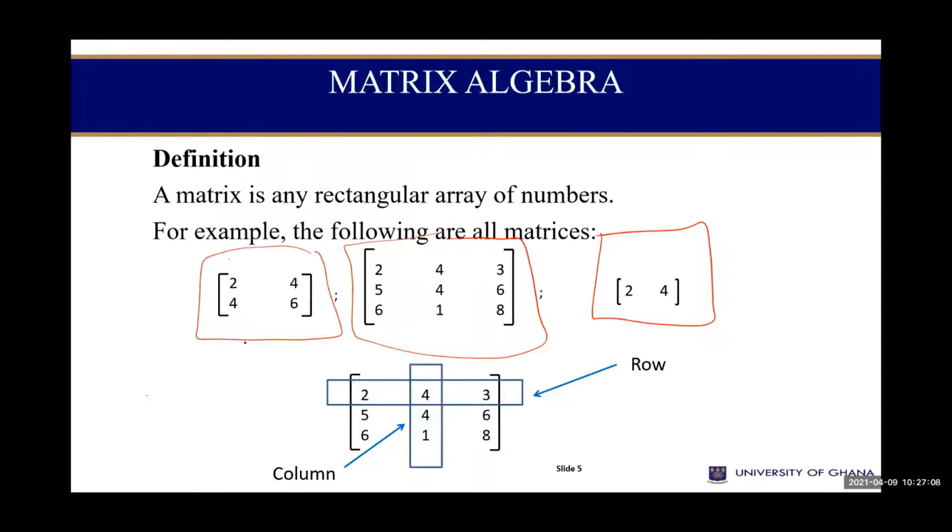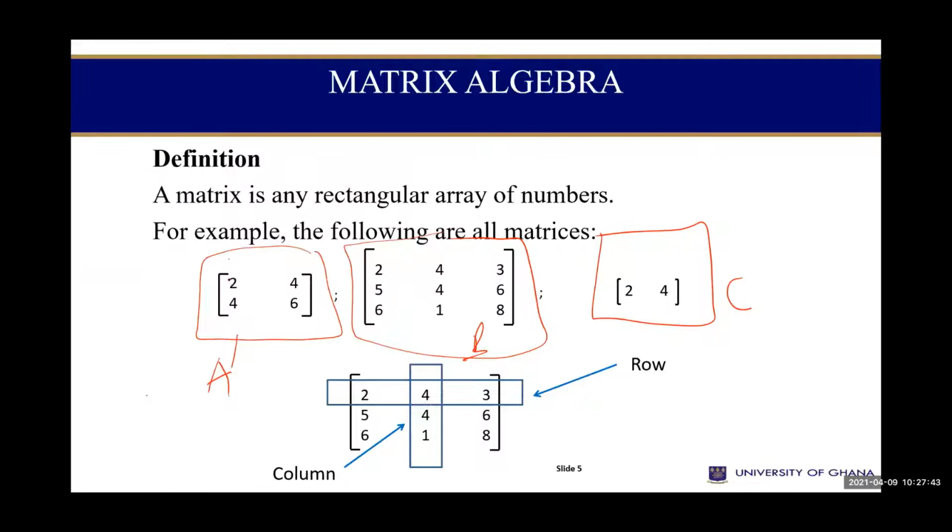So let's say that this is matrix A, matrix B, matrix C. Based on what we have, we can now identify specifically rows and columns. So for each matrix that you have, identify the row and the column. Then once you do that, you'll be able to know the number of rows and the number of columns.